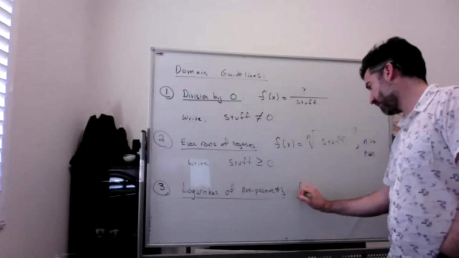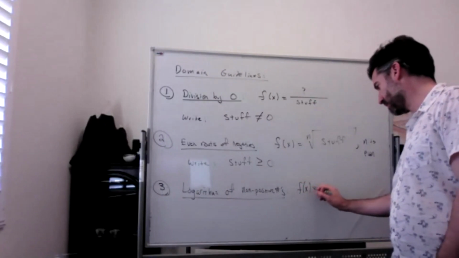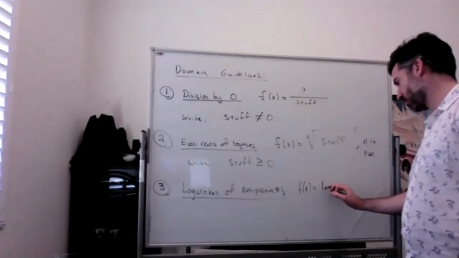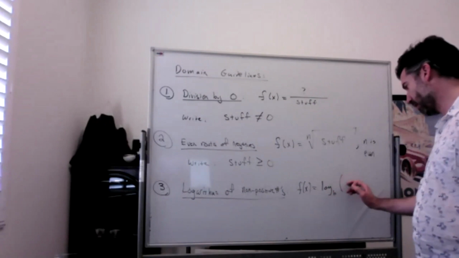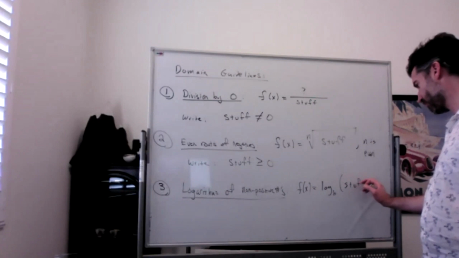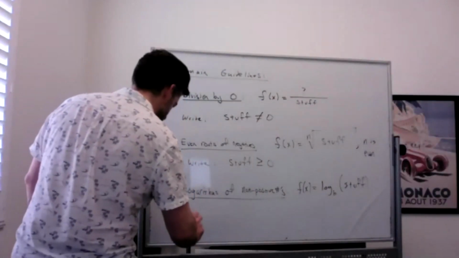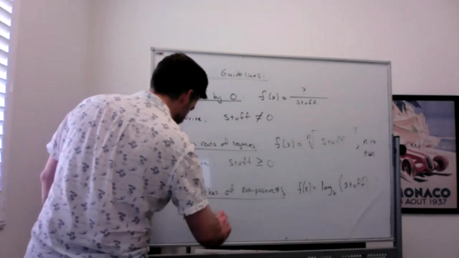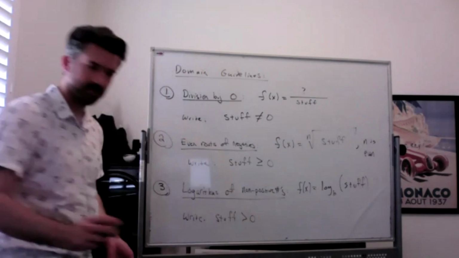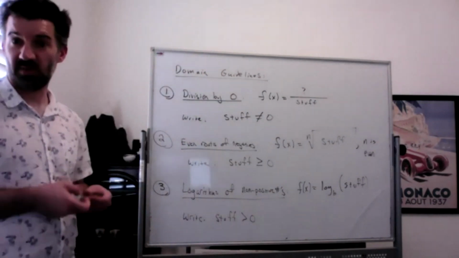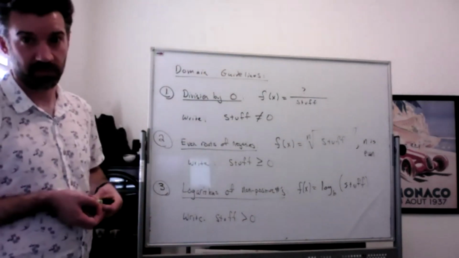So if f of x is equal to some log, it doesn't really matter what the base is, I'll just say log base b of some stuff, then what we want to say is that the stuff has to be strictly greater than 0. We don't want the stuff to equal 0. We don't want the stuff to be negative.